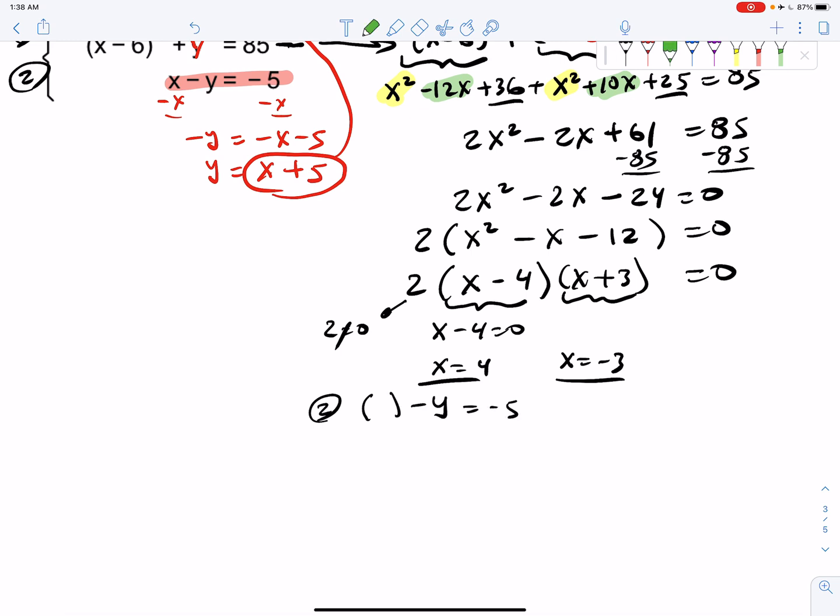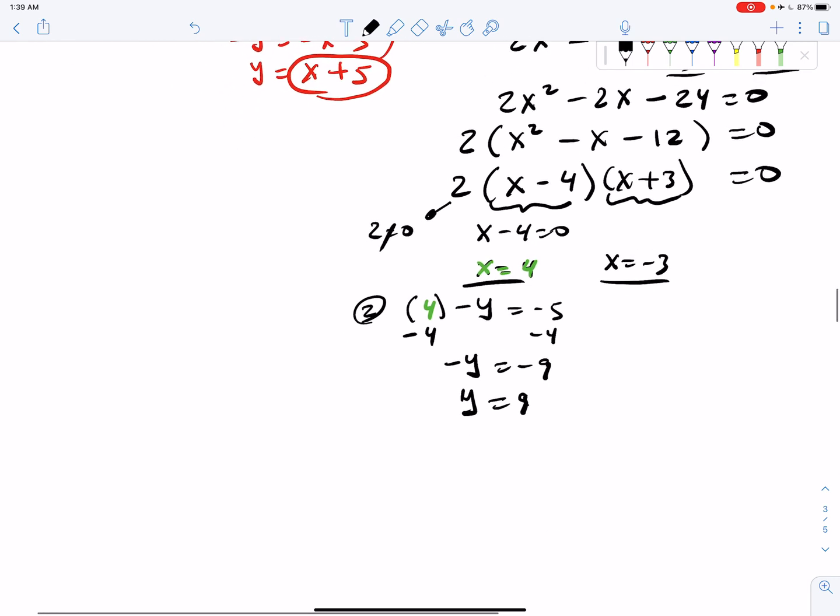Well, the x value is 4. So now I've got 4 minus y equals negative 5. I'm going to subtract 4 off of both sides. I get negative y equals negative 9. Therefore, y equals 9. So it looks like I've got 4 comma 9 as a solution.